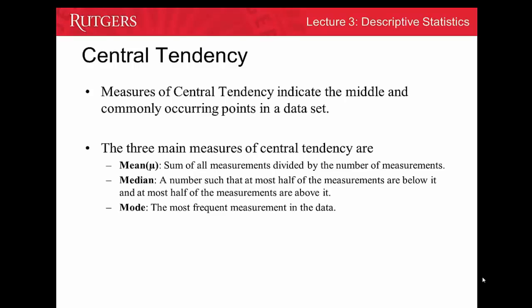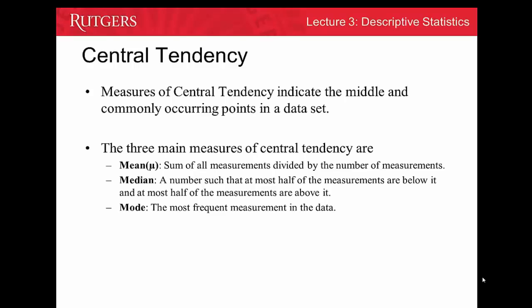Median is a number such that at most half of the values are below it, and at most half of the values are above it. It is usually used in statistics because this value represents the exact middle of the data, which is better than the mean, so that 50% of values would be above or below the median.